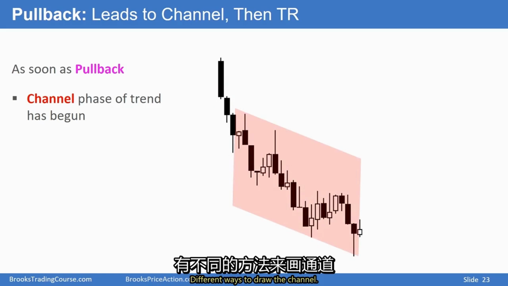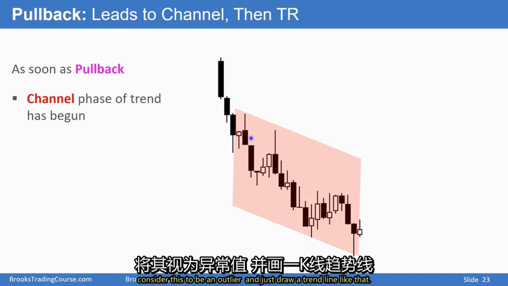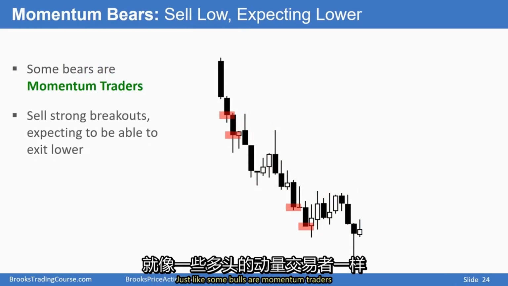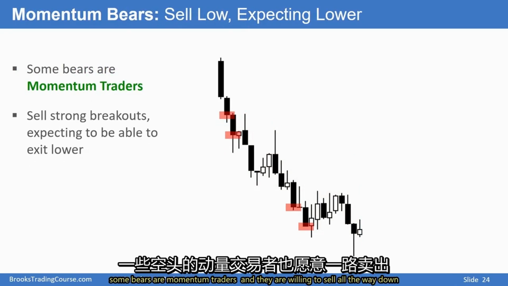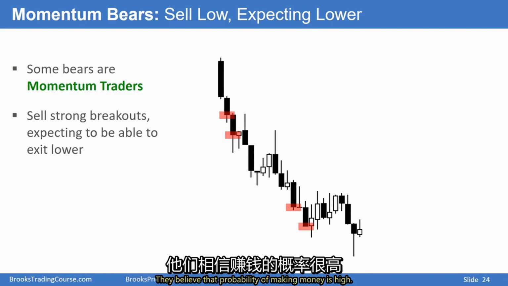Different ways to draw the channel. You can draw it like that. You can draw it tighter and just consider this to be an outlier, and just draw a trend line like that. Just like some bulls are momentum traders, some bears are momentum traders, and they are willing to sell all the way down, even when the market's extremely strong and the stop is far away. They believe that the probability of making money is high.